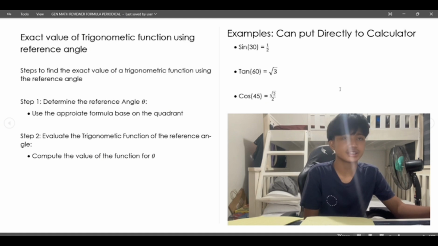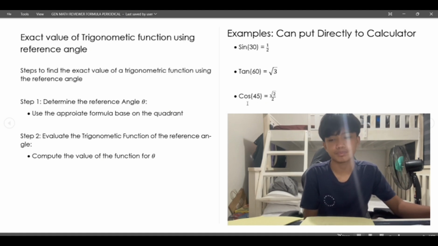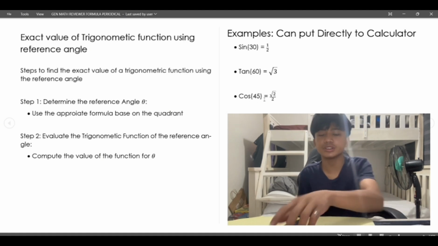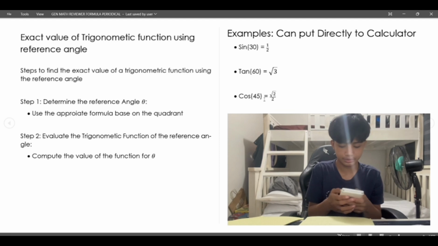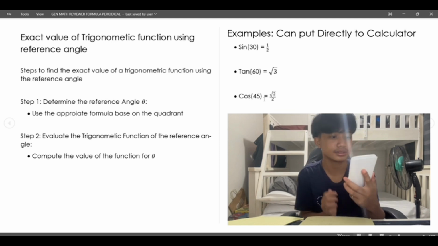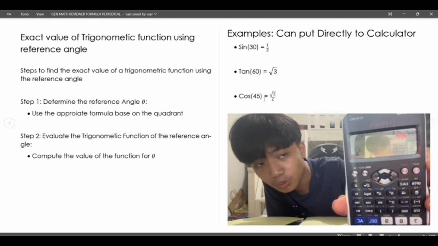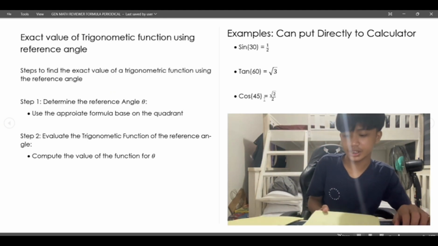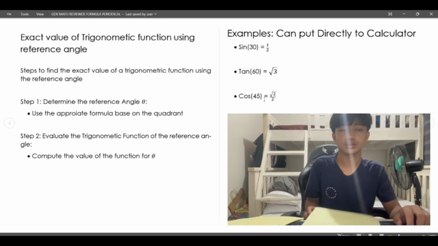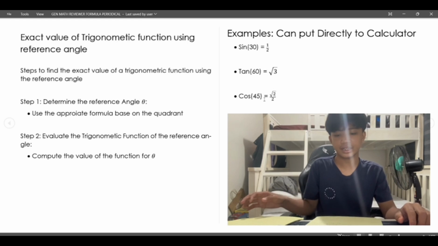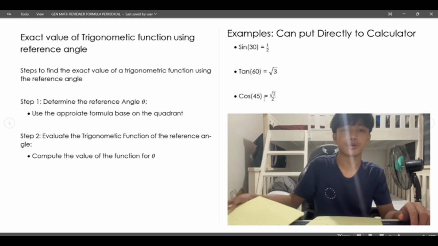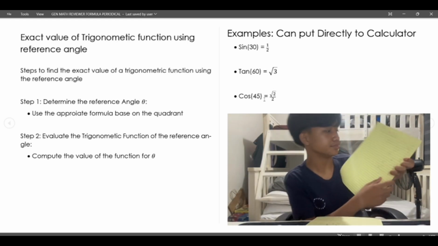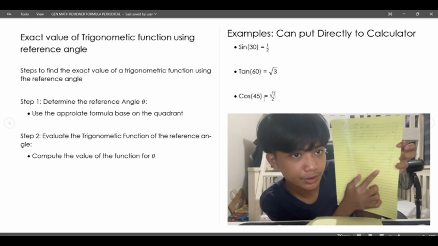Our last example is cosine 45. We can put this directly into the calculator and get square root of 2 over 2. Without a calculator, we need the adjacent and hypotenuse of the 45 right triangle.